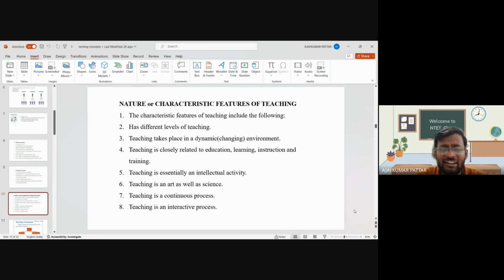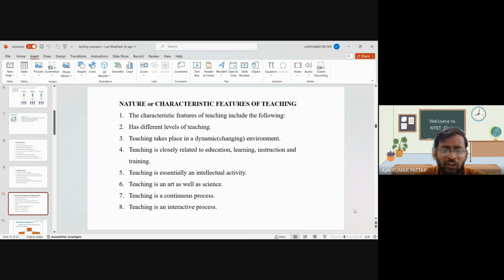Teaching takes place in a dynamic environment. Teaching never happens in a static, constant environment. A constantly changing environment will be there in the teaching process. Environment in the sense, every time something new will happen. Not similar.